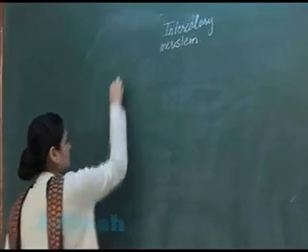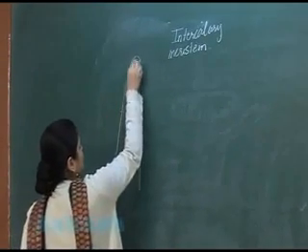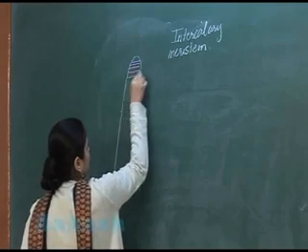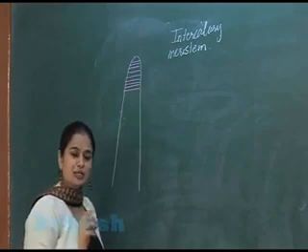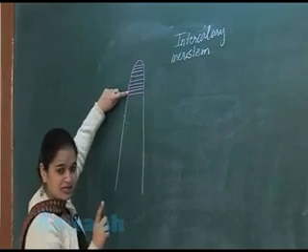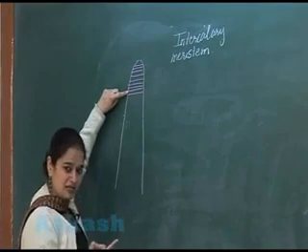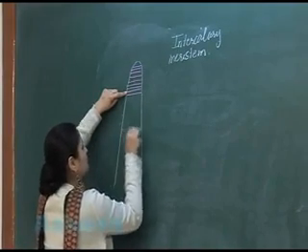Now, this is shoot. As we have already discussed, at the tip of the shoot, there is presence of apical meristem. Now, some of the cells of the apical meristem, yes, they separate and acquire the lower position.